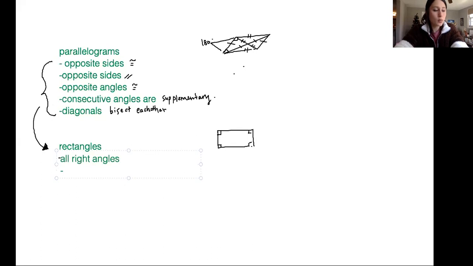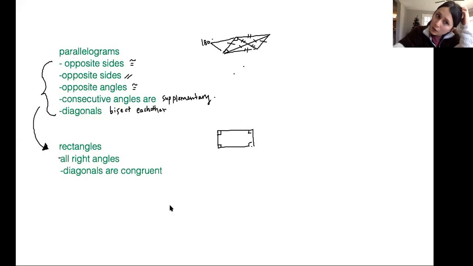And then one more thing that we know to be true is that the diagonals are congruent. They are congruent, they're the same length. So if I had a diagonal here and I just wanted to move it, and turn it around, it would be the exact same length as this diagonal here. So those diagonals are congruent.